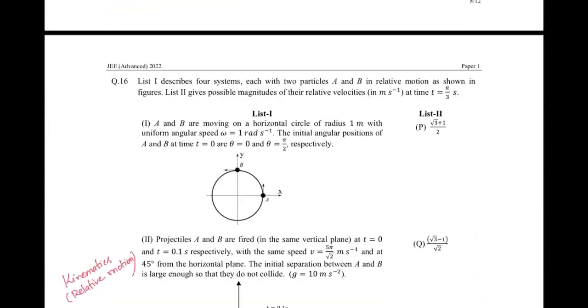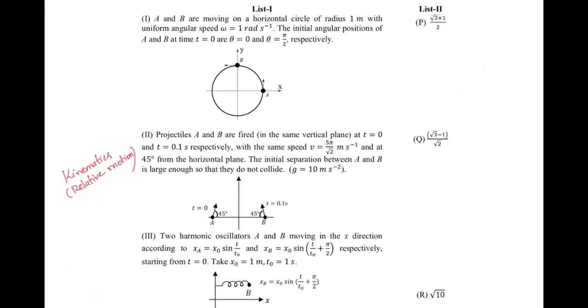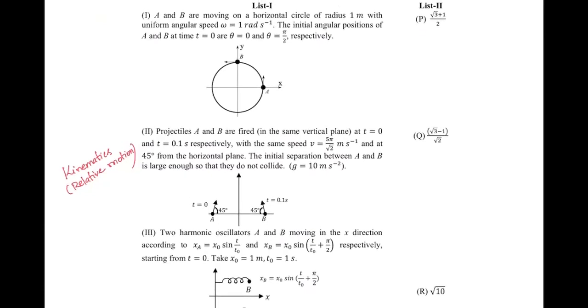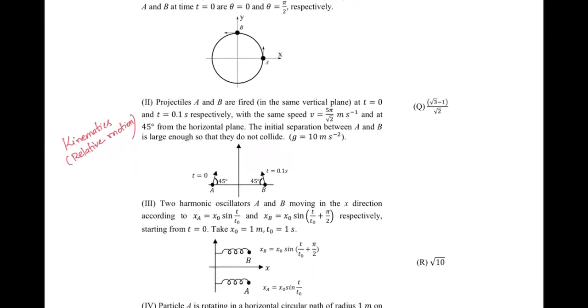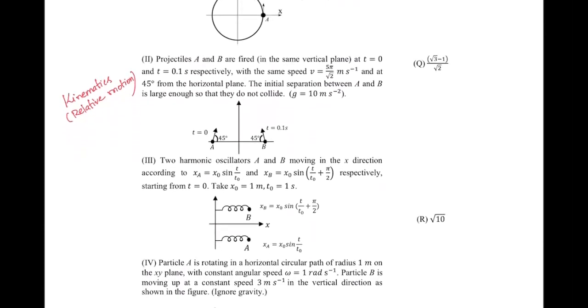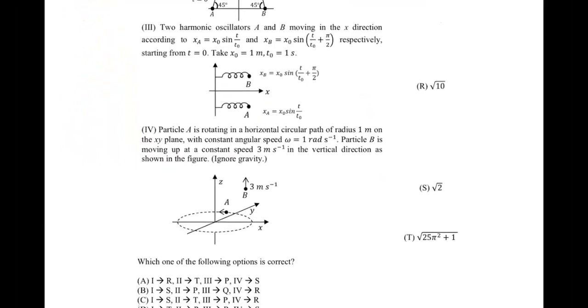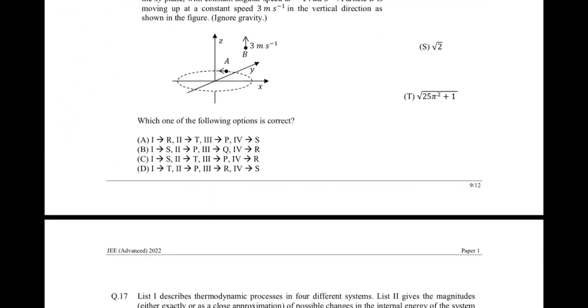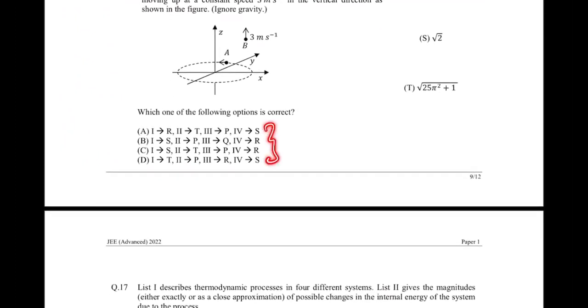And then you have another matrix match question based on kinematics, relative motion. Again, 4 different questions. You need to be working on all the 4 different options. Each and every statement, 1, 2, 3, and 4, you need to work and you need to match. So for matrix matching, when options are given, there is a particular way in which if you approach it, it is going to be less time consuming.